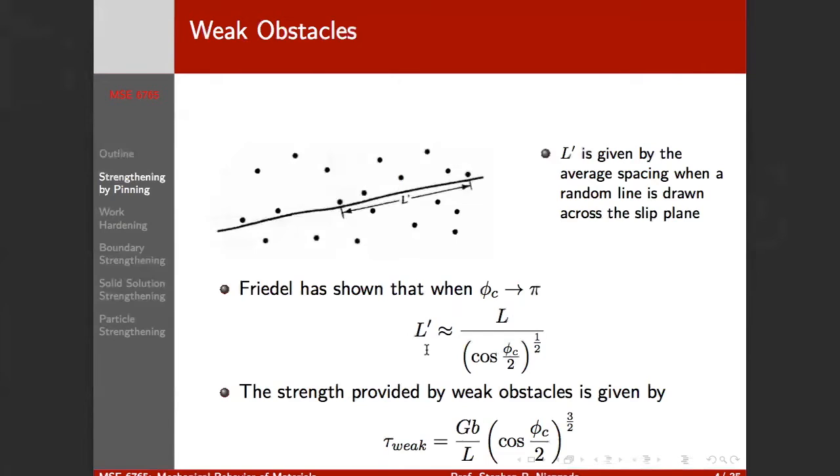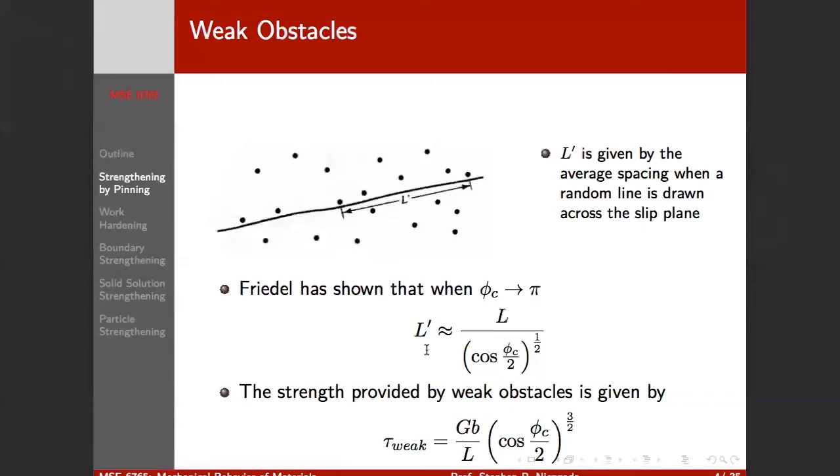And then I don't remember the exact derivation of how it comes up with 3/2 here. I'm just presenting this without derivation. I can go back to the original Friedel reference and look through the derivation for you.